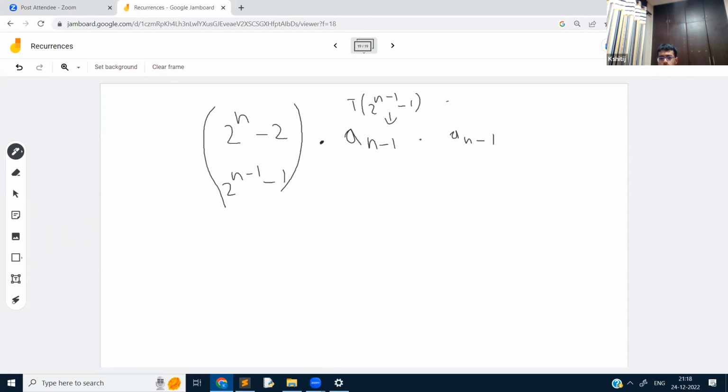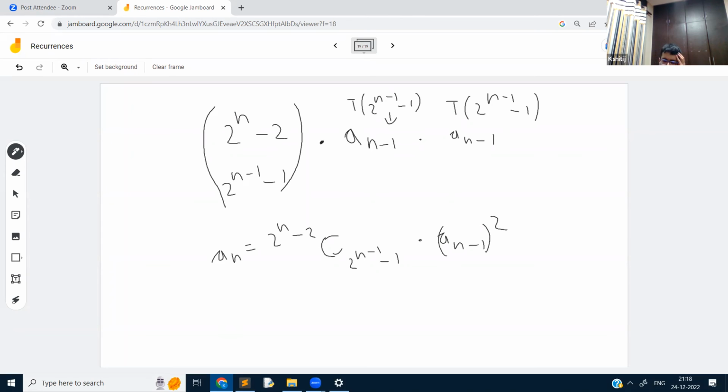And the number of ways of solving the right half is similar, an minus 1, which is also equal to t 2 to the power n minus 1 minus 1. So n equals ... into an minus 1 squared.